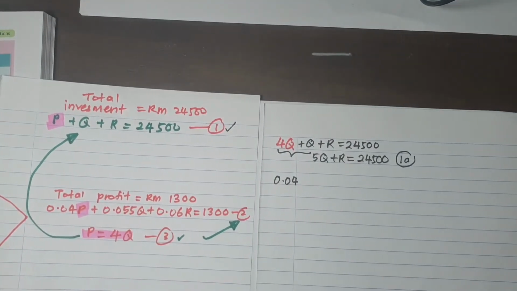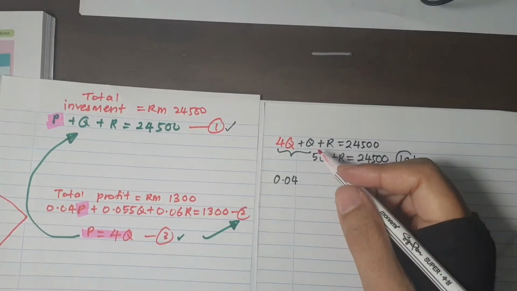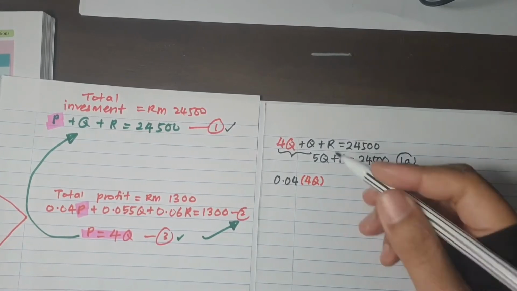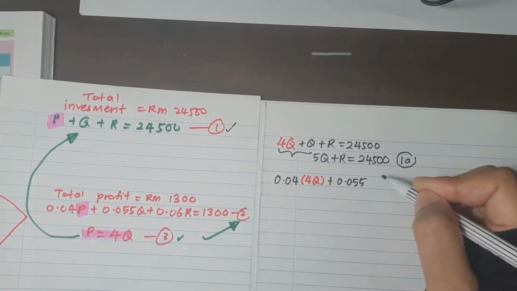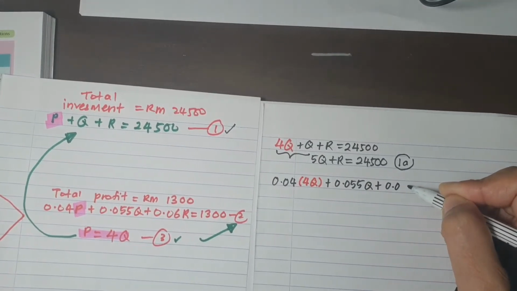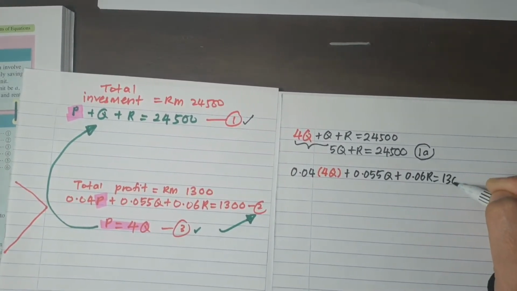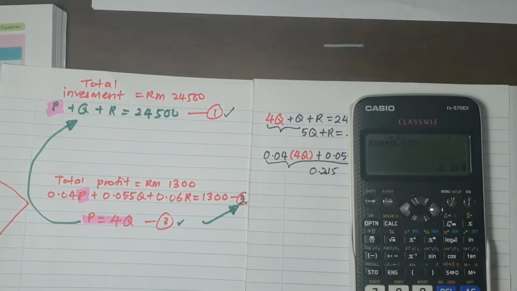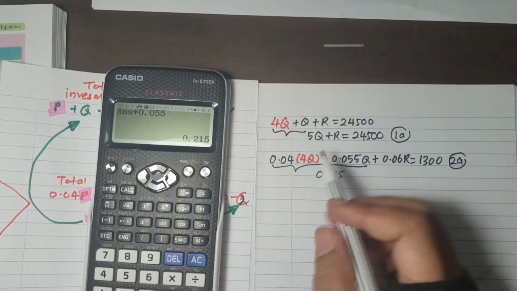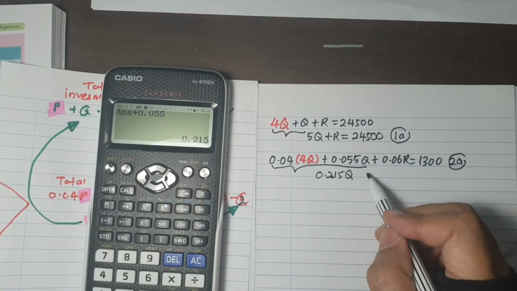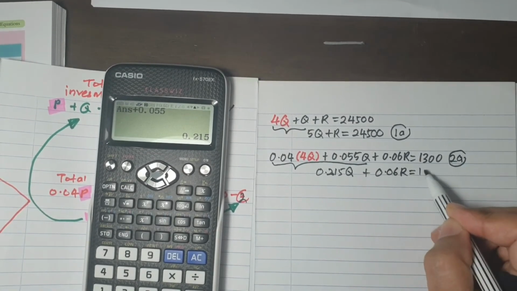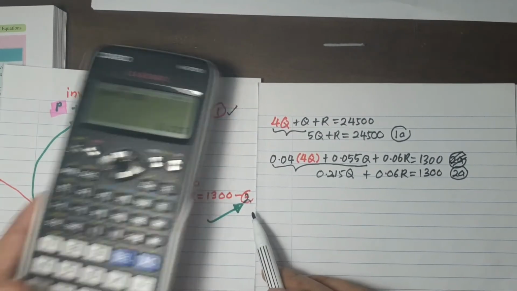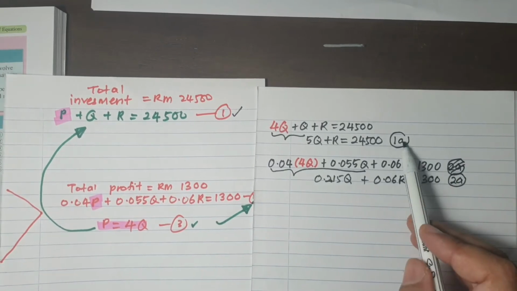P right now is 4Q, plus Q, plus 0.06R equal 1,300. So when I solve this, I have 0.215 punggung dia Q, plus 0.06R equals 1,300. So now label 2A here, because from the second equation. Now you can see you have 1A and 2A.